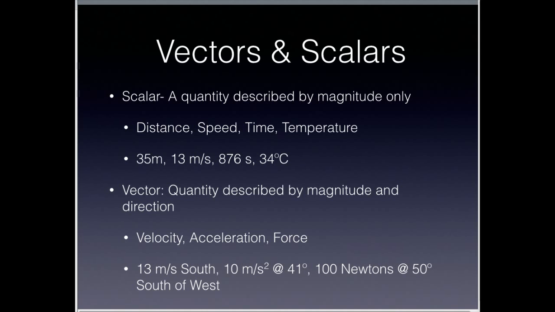And you can describe those directions in many different ways. You can have them using the directions of the compass, north, south, east, west. You could have them just using angles, like on a coordinate plane, so 41 degrees, 340 degrees, whatever it may be. There's also another way that a lot of physics textbooks like to use, which is kind of a mixture between the compass directions and regular angles, so something like 50 degrees south of west.